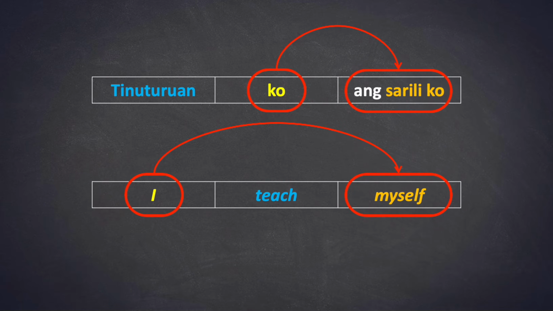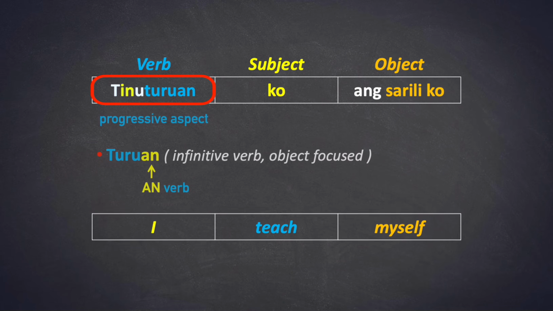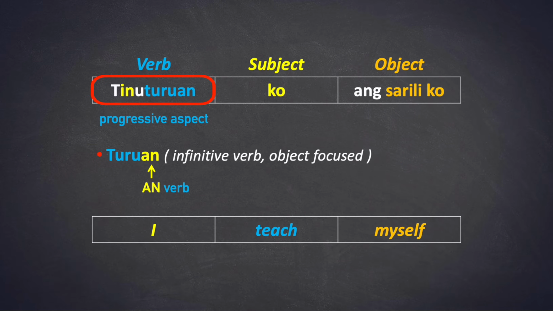Let me talk a bit about the nuances on the sentence structure and word order. First, the construction of the sentence follows the verb, subject, object pattern common in Tagalog. Second, the verb we use in the example, tinuturuan, teach or teaching, is the progressive form of the infinitive verb turuan, to teach, and is an object-focused verb.